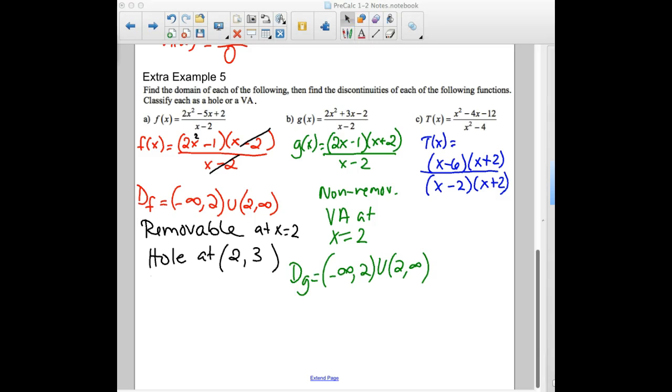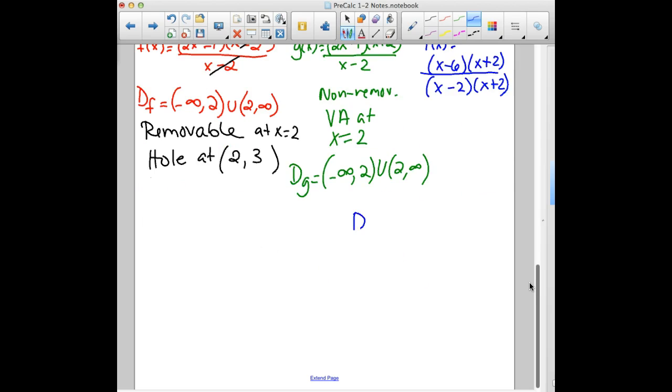Okay, for our third one, our t function, is it removable or not? Both answers are correct, right? There's 2 issues in this one. All right, what can my domain not be? Okay, so let's move it down here. So domain for t, we're going to start from negative infinity, go to negative 2, jump over it, go to positive 2, jump over it, and then continue on.